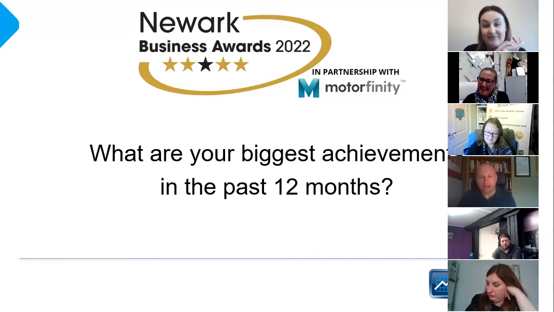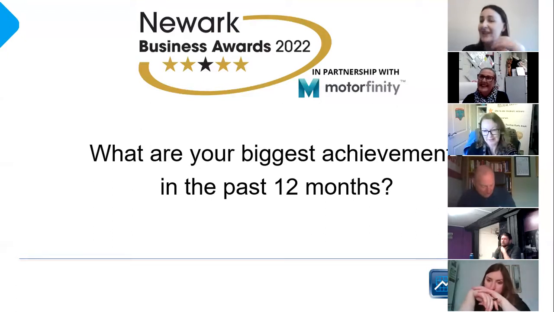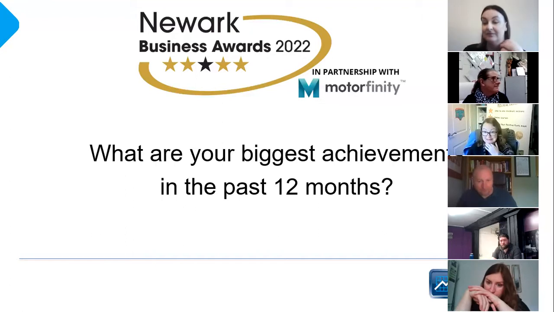And Claire, your biggest achievement? Oh gosh, trying to work it out and separate the years as well, because everything just seems to blur. So we only became actually a social enterprise in December 2019, so very new. But we've just had our year-end accounts.